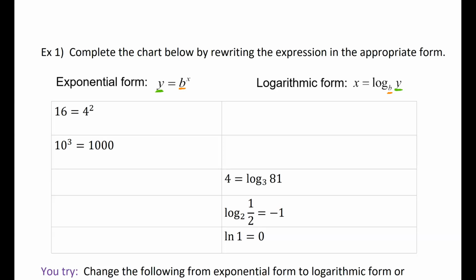And the last piece, the exponent that the base is being raised to, up here, that's what the logarithm is equal to. Okay. So it is just a rearrangement, a re-expression of the terms from one form into another. And you can go back and forth between, all depending on what it is you're trying to solve.